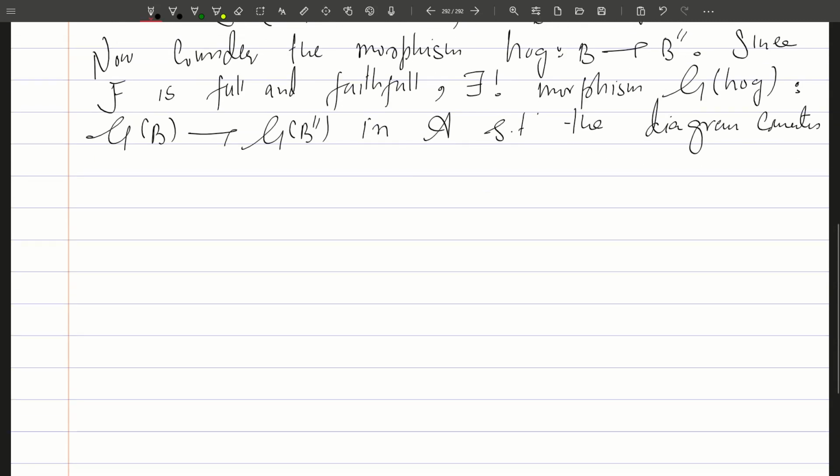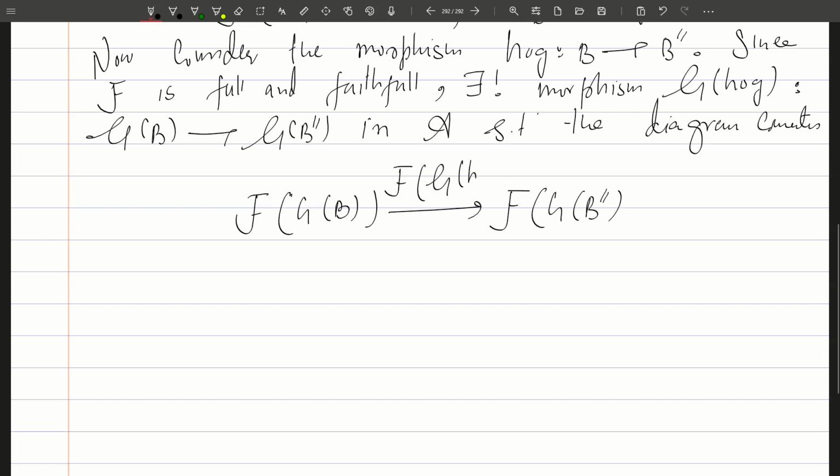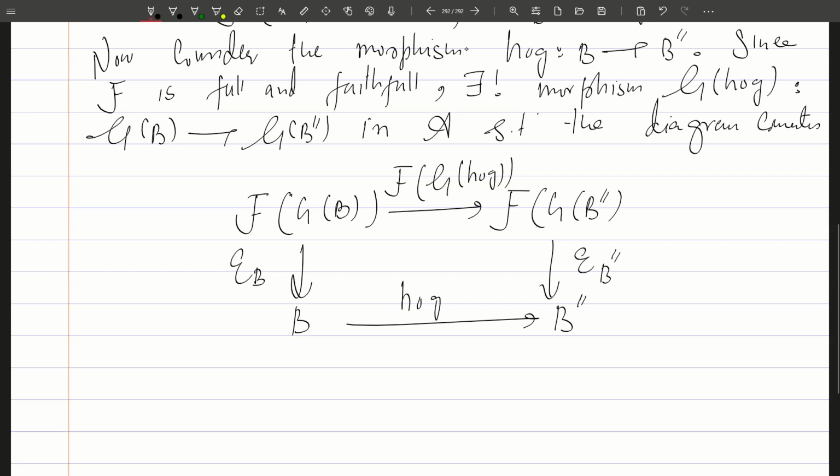So we have F of G of B, we have the object F of G of B double prime, and this is the morphism F of G of h composite g. This is the isomorphism epsilon B to B. This is the isomorphism epsilon B double prime to B double prime, and this is the morphism h composite g.